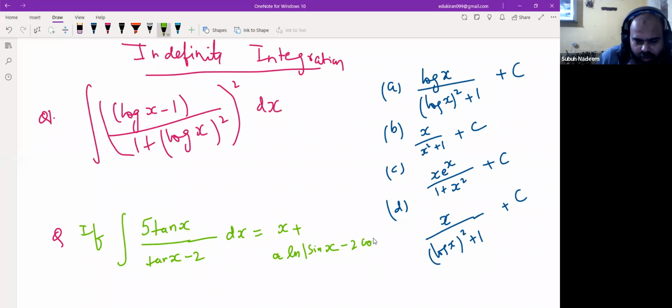So this right hand side is given to you except a, so that it will be used as a hint. Then a is equal to question mark.